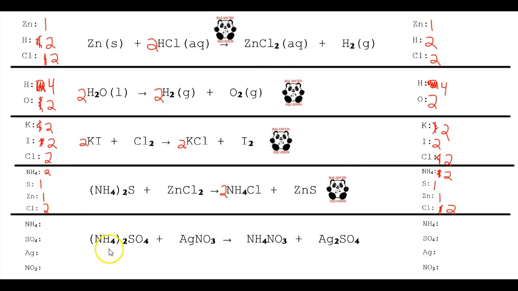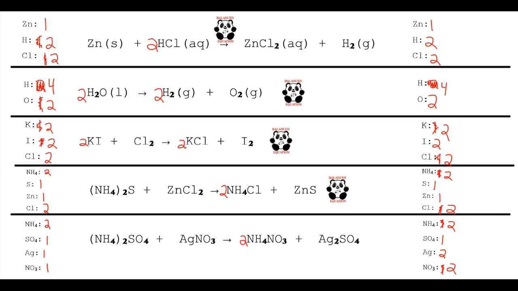Next one, I'm going to do ammonium sulfate plus silver nitrate is going to make ammonium nitrate and silver sulfate. So first thing I'm going to do is fill in my coefficients, what I got left and right, and see where I'm at. 2, 1, 1, 1, 1, 1, 2, 1. And of course I can see here that the first thing I need to do is get those ammoniums balanced. So I'm going to put one right there.